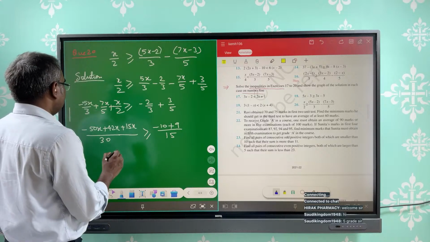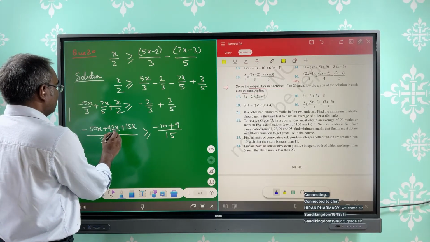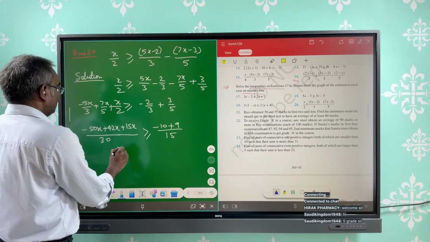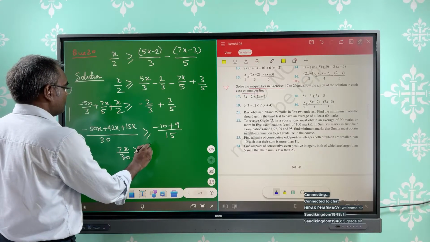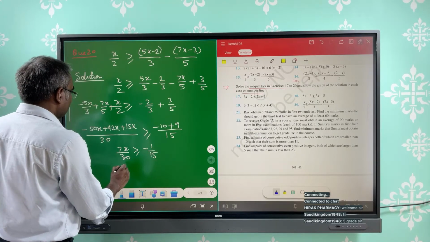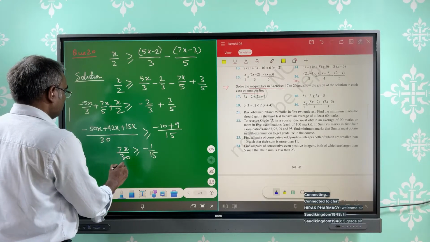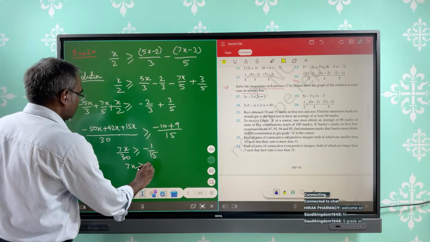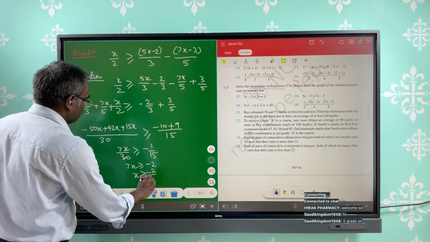Basically minus 50 plus 42 means minus 8, plus 15, that means 7x upon 30 is greater than or equal to minus 1 upon 15. So 7x is greater than or equal to minus 2, that means x is greater than or equal to minus 2 by 7.